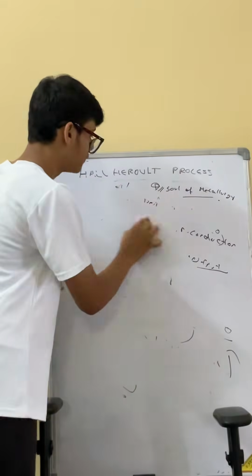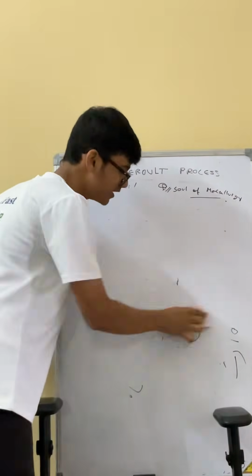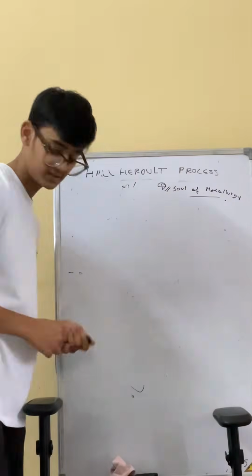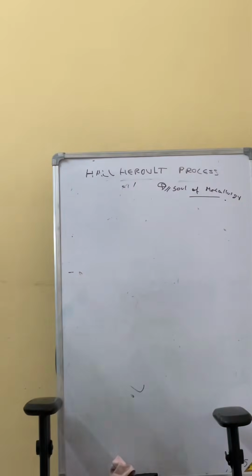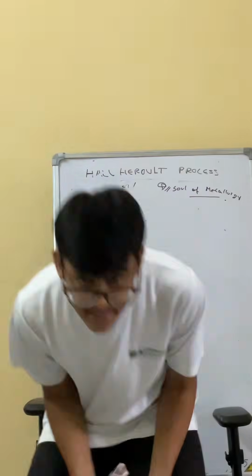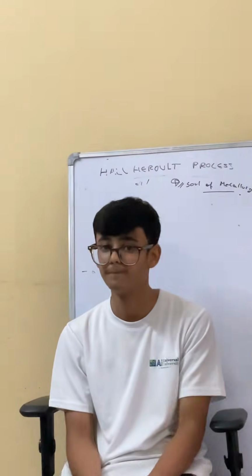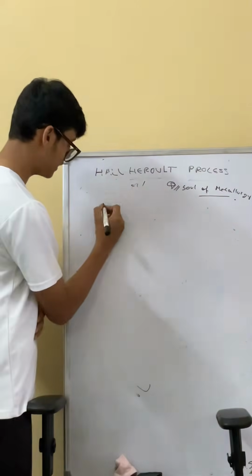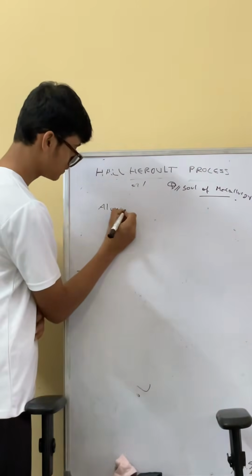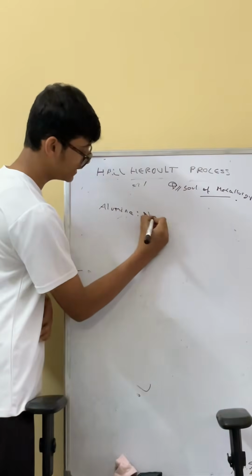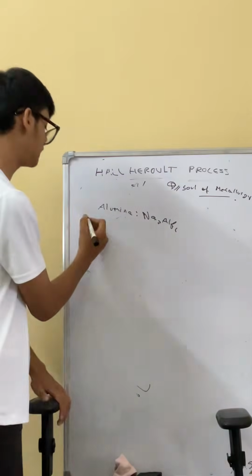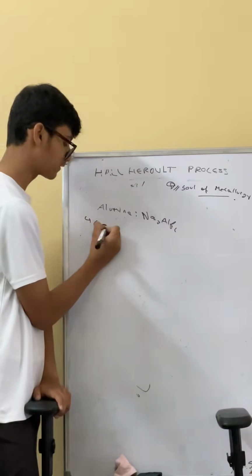Now just bear with me for around 5-6 more minutes, because we are moving to the most important topic, which is the actual process that we use to electrolytically refine our aluminum. Right now we have alumina mixed with Na3AlF6 in something we call the electrolyte.